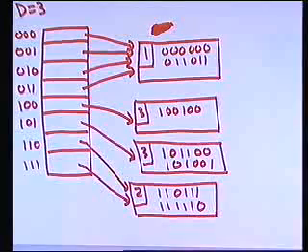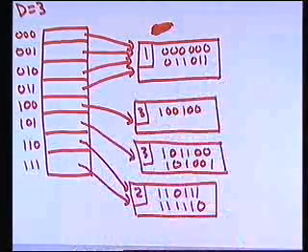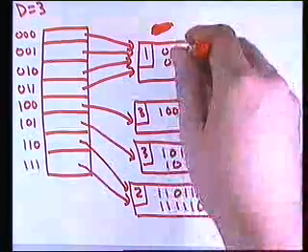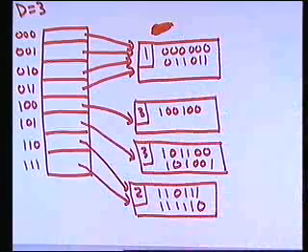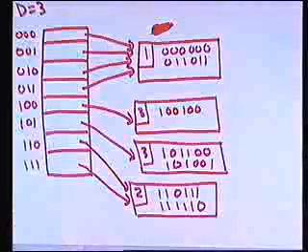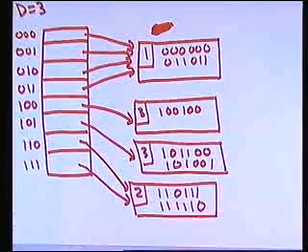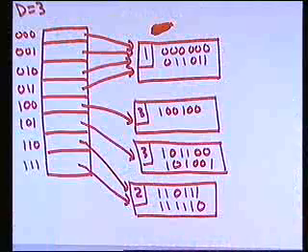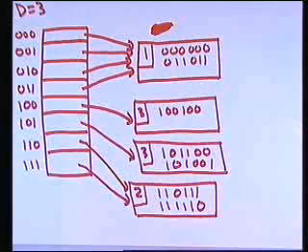If you start with 0, you end up here. So since every string that starts with 0 ends up here, every prefix that starts with 0 should point to here. And how many of those are there? All the prefixes that start with 0, there's 4 of them. And so there's 4 pointers.